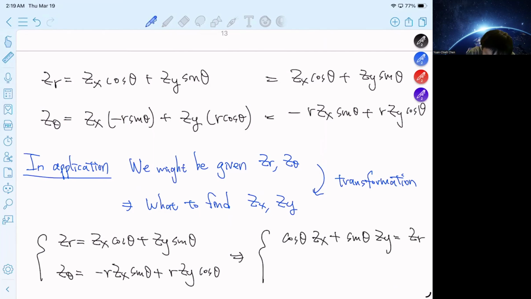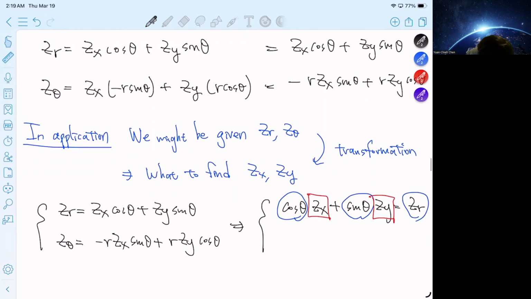So basically, how I write this is that these are given things, and I want to solve for these. These are my variables now. I want to solve them in terms of Zr, Z theta, and sine theta, cosine theta, R. So similarly, we have negative R sine theta Zx plus R cosine theta Zy equals Z theta.